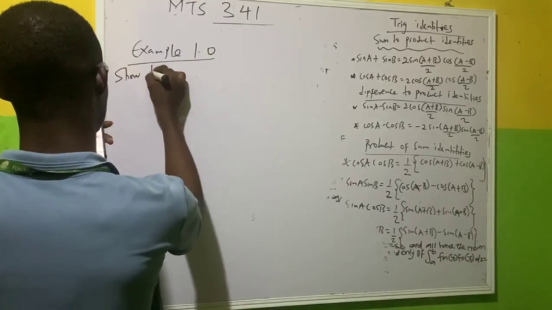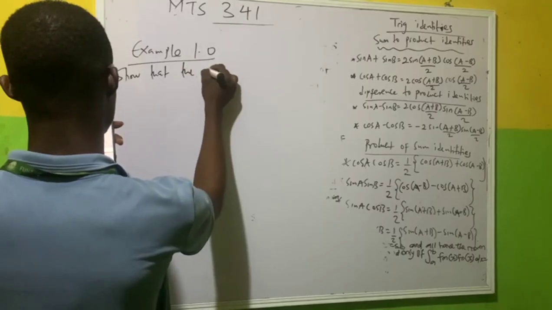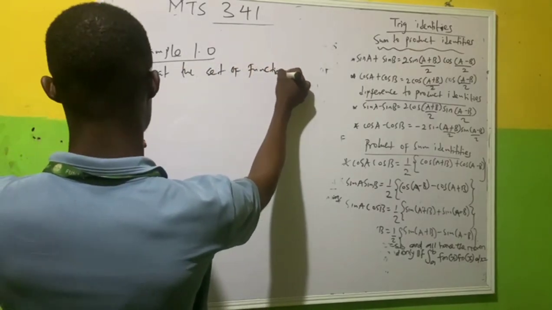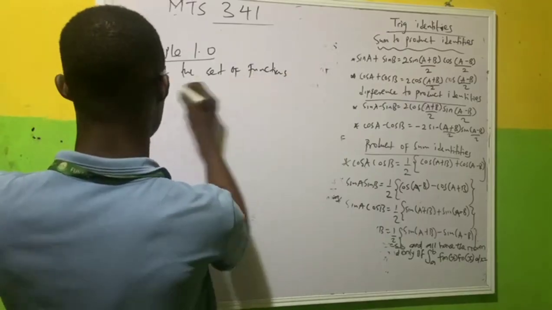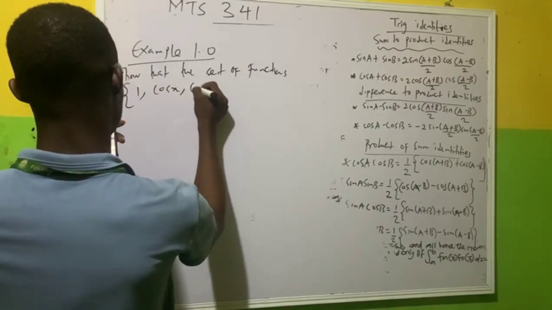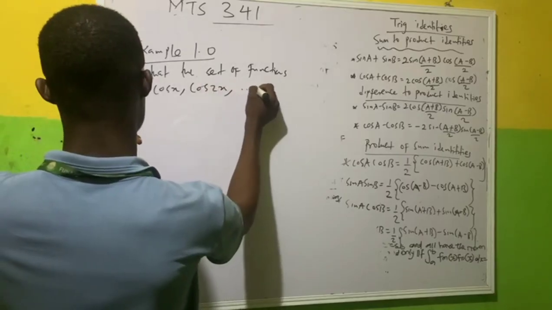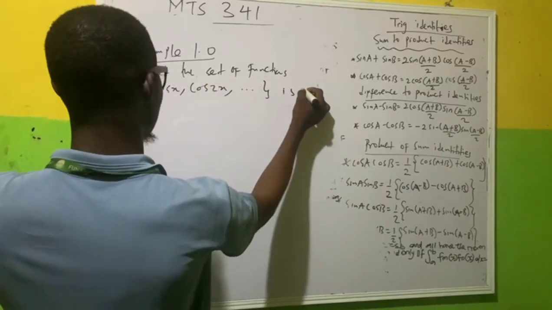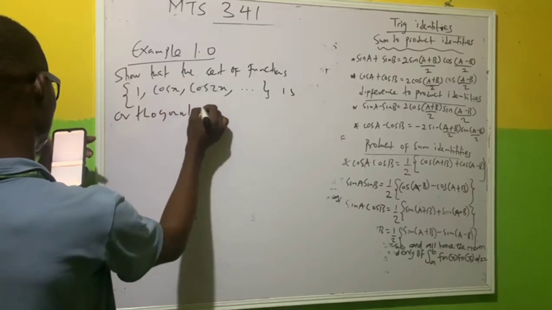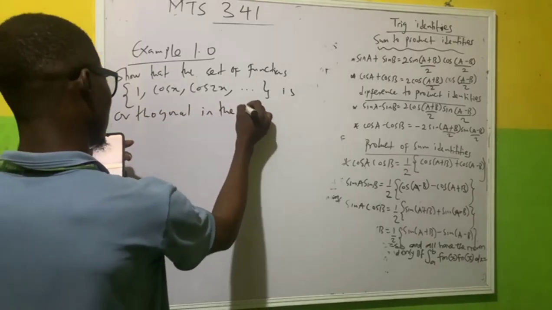Show that the set of functions 1, cos x, cos 2x, and so on, is orthogonal in the interval.